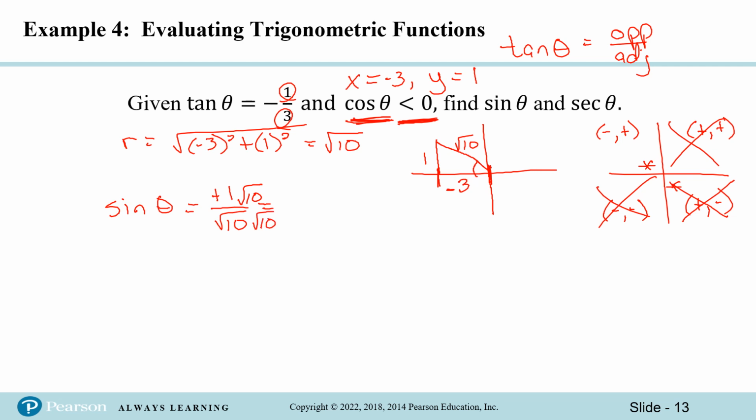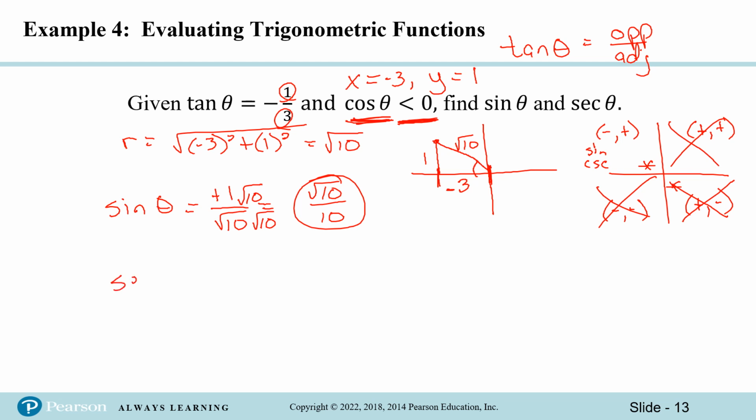Rationalize the denominator, and we end up with the square root of 10 over 10. Now, just double check, is the sine positive in quadrant 2? Well, yes it is. All students, that would be your sine, and our cosecant, yes, it is positive in quadrant 2. Okay, so we're good on that.